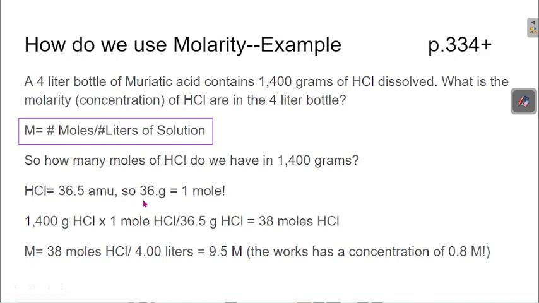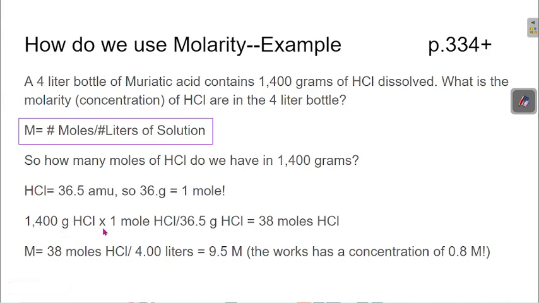But for right now, remember, I'm not calling it AMUs anymore. I'm calling them grams. Now you have 1 mole of that substance. So 1 mole of hydrochloric acid weighs 36.5 grams. Okay, it's been rounded down. Anyway, now we can translate the 1,400 grams of hydrochloric acid to moles.